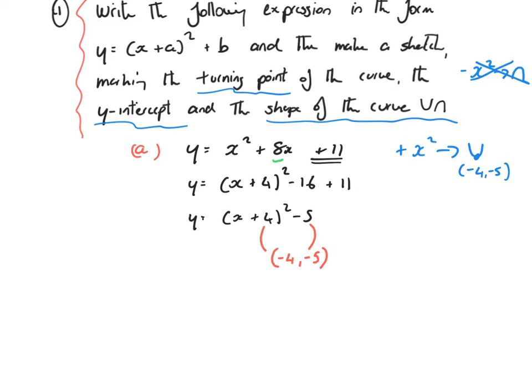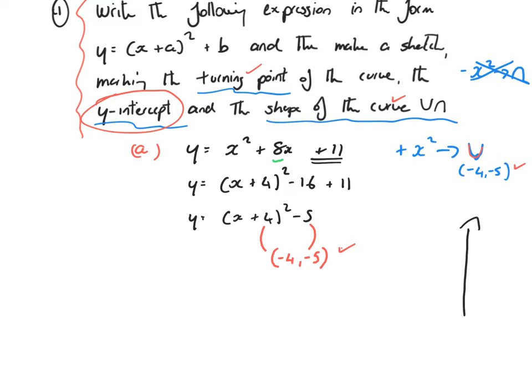So we're through 2 things. We've got the shape of the curve. It's a concave down curve. We've got the turning point. Now we need to find this thing, which is the y-intercept. So the y-intercept is where the thing hits the y-axis.